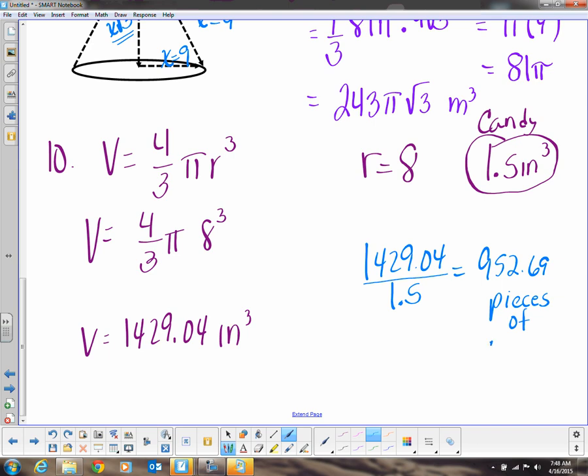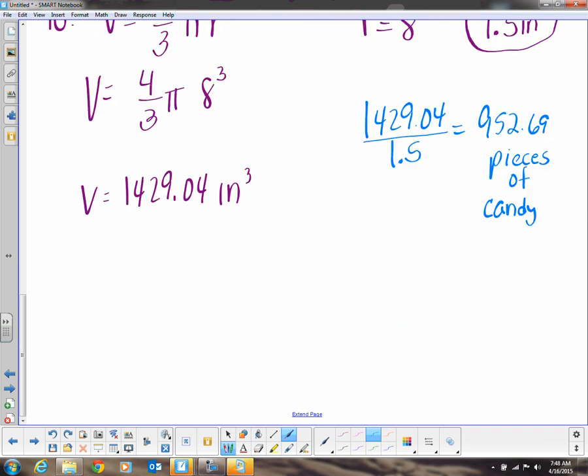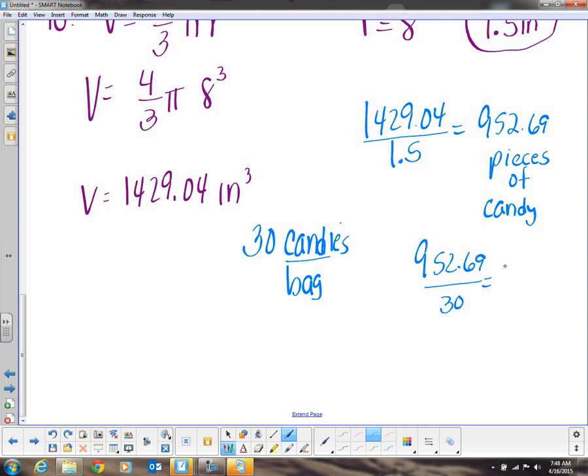Now, are you going to go to the store and say, I want to buy 952.69 pieces of candy? No. The bags of candy have 30 candies in each bag. So if I have this many candies, how do I figure out how many bags I have? Take 952.69 divided by 30. What do you get? It's 31. Seriously? 31 point what? 75. That's not what I got.